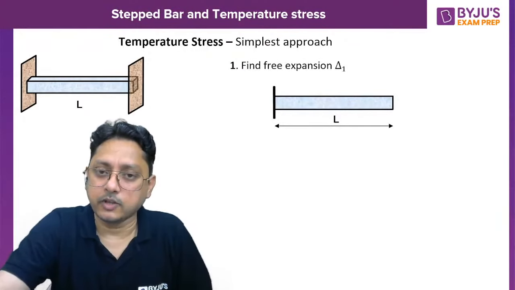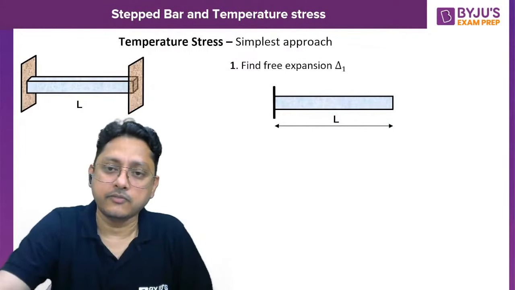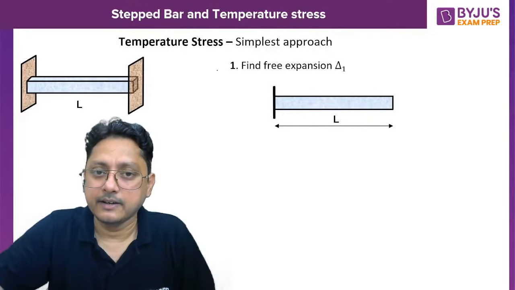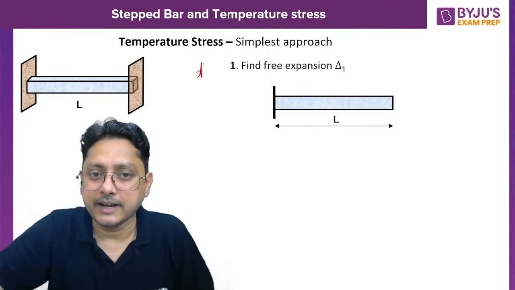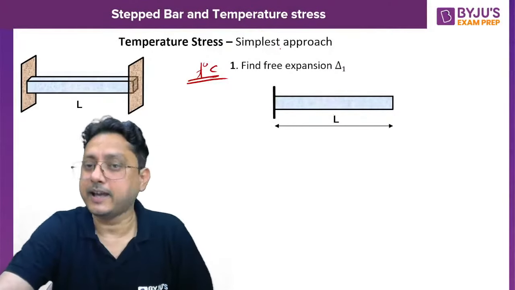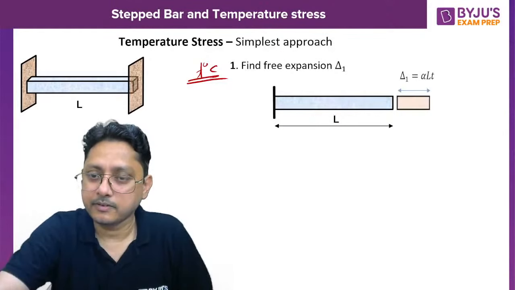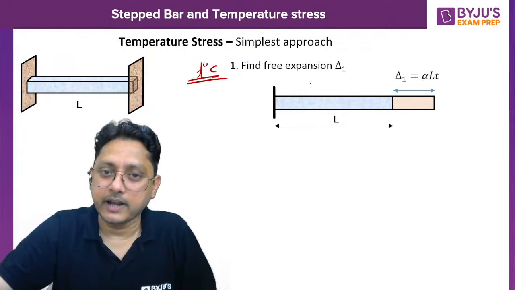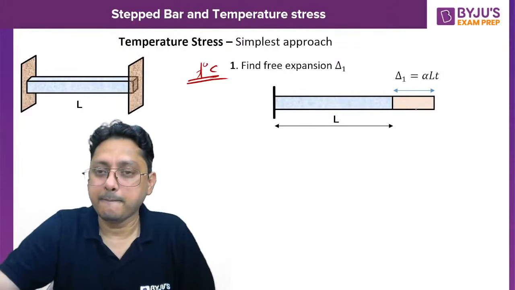By removing one support, you allow this bar free expansion. Raise the temperature by T degree centigrade, allow it free expansion, and find the free expansion, see it as delta 1. This is the free expansion due to the rise of T degree centigrade, alpha L T.